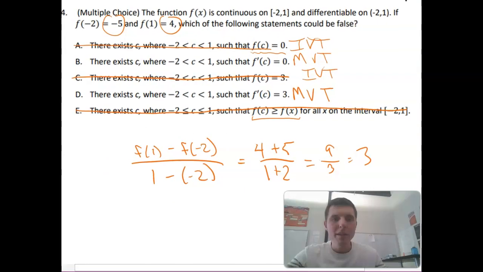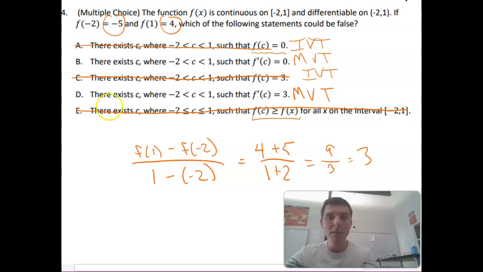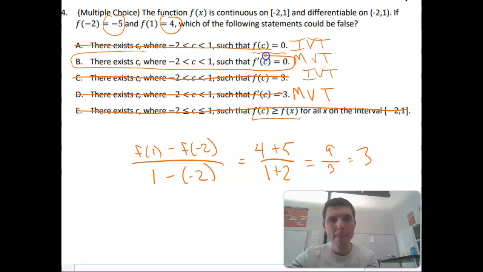So it sure looks to me like the slope of the secant line is 3, which means there's definitely a place where the slope of the tangent line is 3. So this one is true. It can't be false.